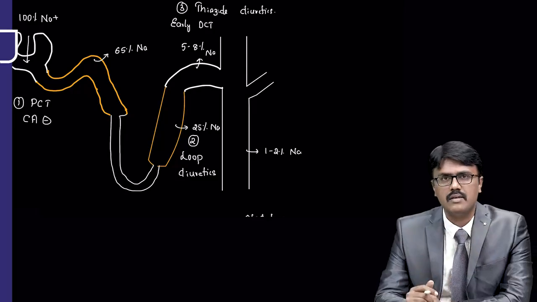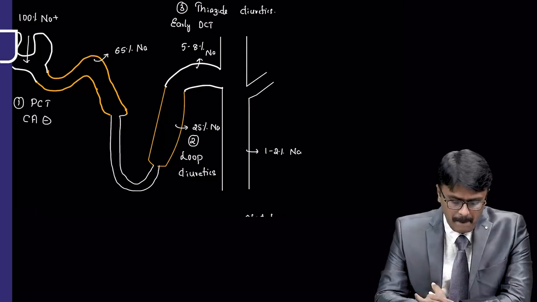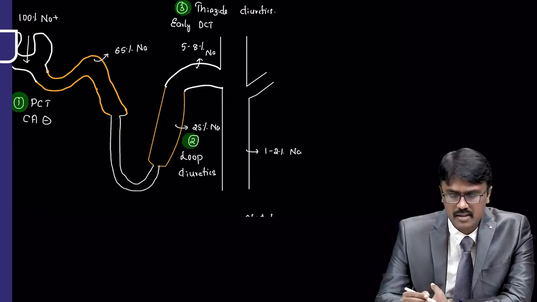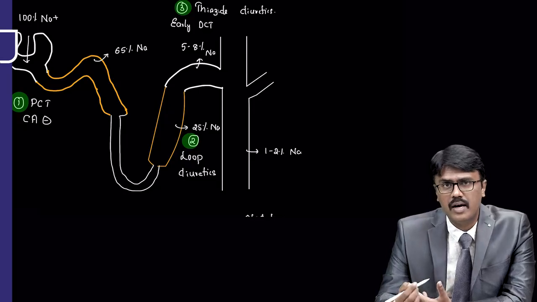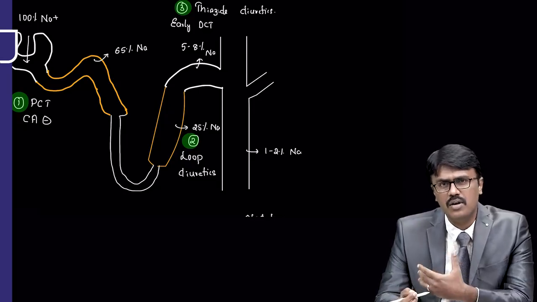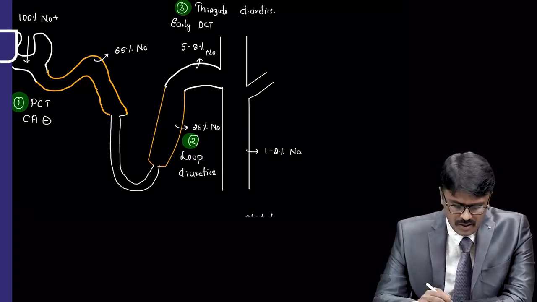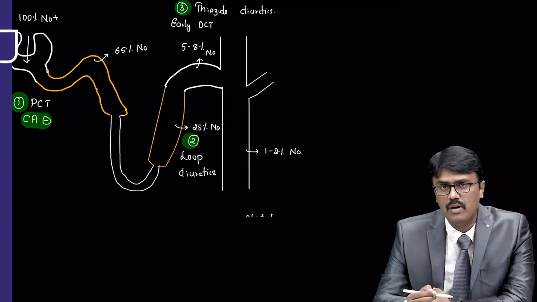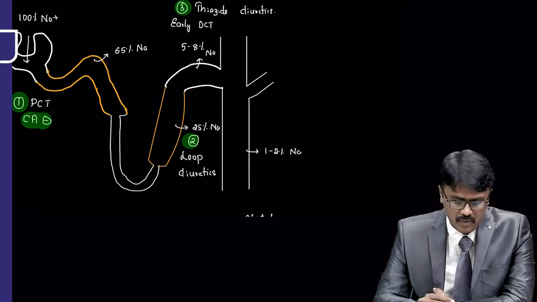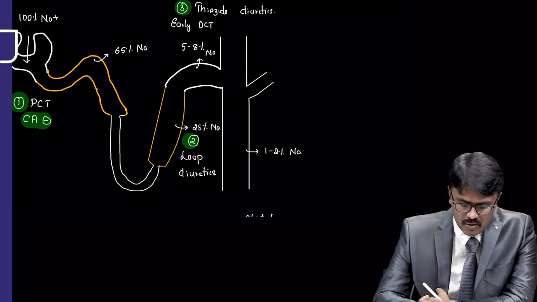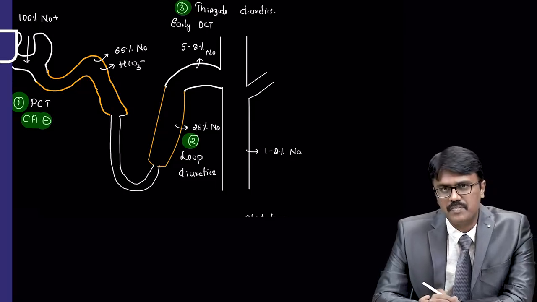Now take a minute and try to tell me, among target 1, target 2, and target 3, which one will have more diuretic action or more efficacy? If you look at the diagram, we think that carbonic anhydrase inhibitors will have more efficacy. But the point is, carbonic anhydrase inhibitors inhibit only the sodium reabsorption that occurs with bicarbonate reabsorption.